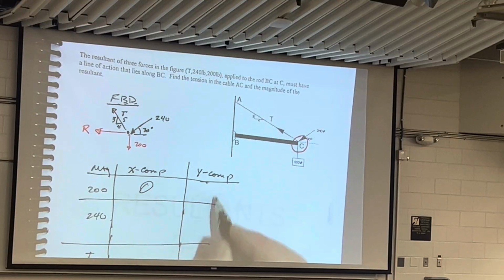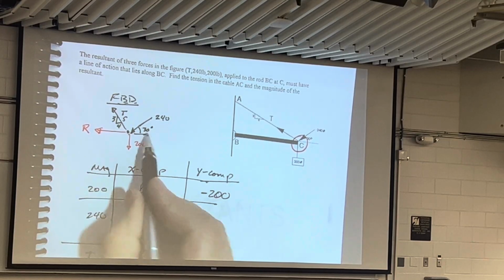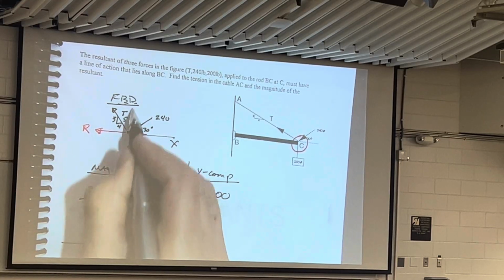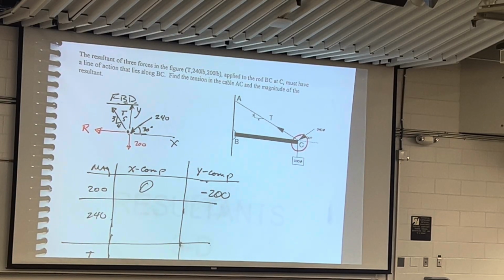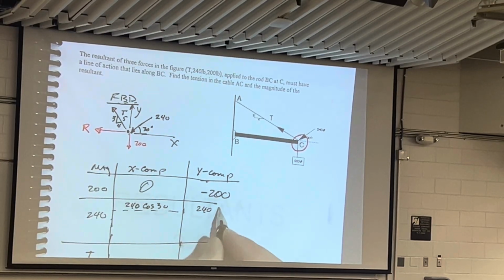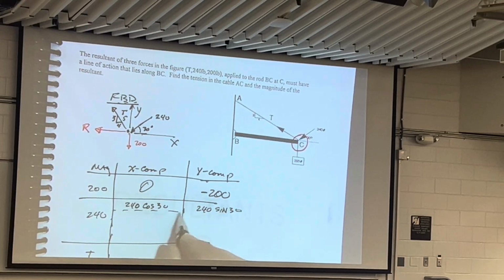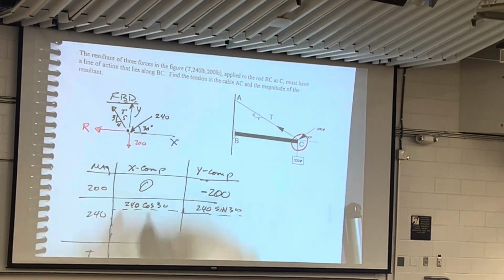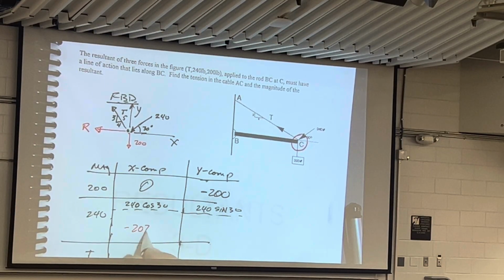The 200 is 0 in y, but it is minus 200 in x because it's going in the negative x direction. There's the x, there's the y. The 240 is going to be 240 cosine 30 and 240 sine 30, which gives me minus 207.84 and a minus 120.